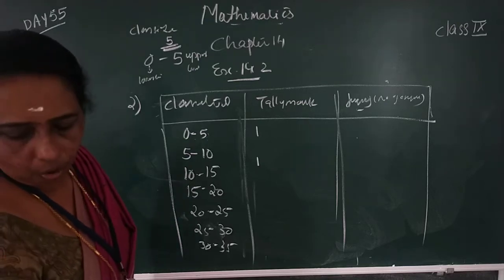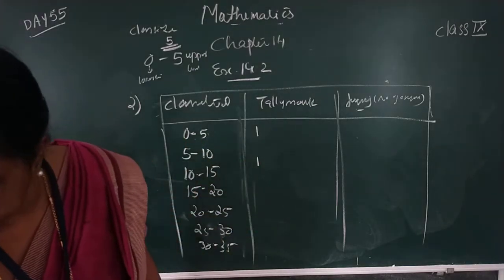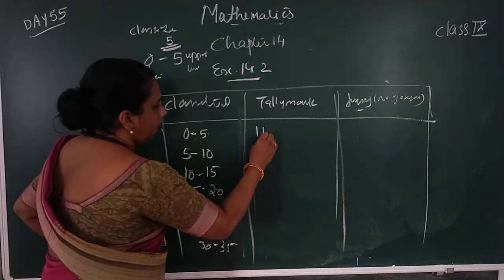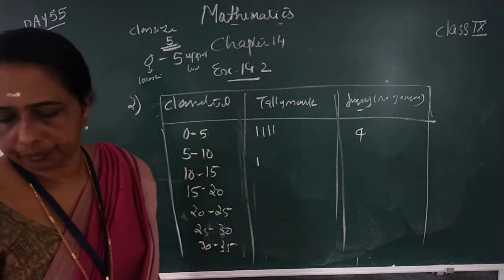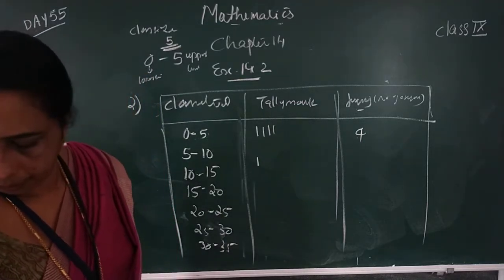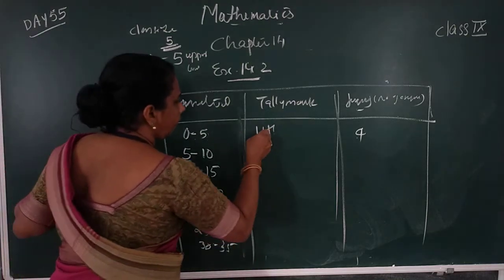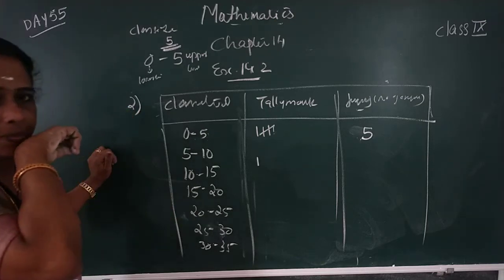Understood? Then 0 to 5, how many observations? 0 to 5 means 0 to 4. How many numbers are there? 4. You can see. Understood? 4 in 0 to 5. One more is there. Then 5 to 10.